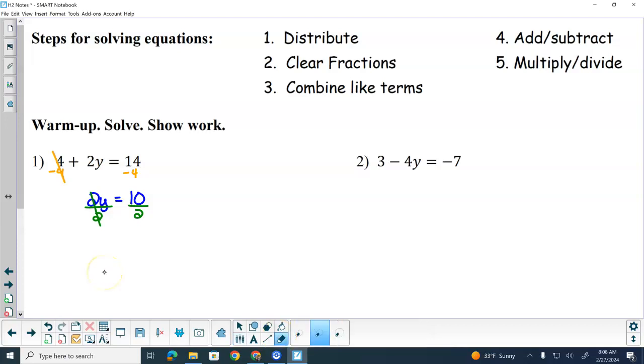Equals, do I like 10 over 2? What do I like instead? What is 10 divided by 2? 5. There we go. Okay, y equals 5. Everybody get y equals 5 for that one? Yes.